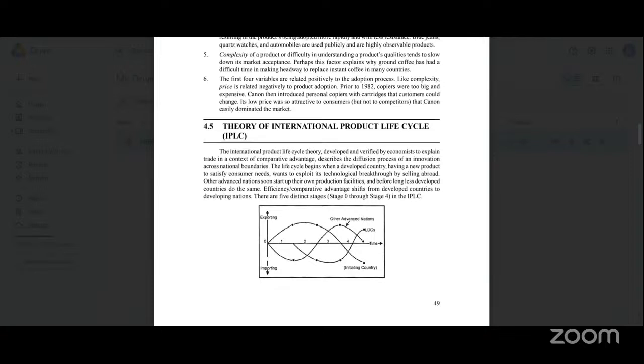The first four variables, as we have seen, are related to the positive adoption process, like complexity. Price is, however, related negatively to product adoption. So, if you were to look at 1982, copiers were too big and expensive. So, there was very, very little adoption unless it was being set up in some public marketplace with a commercialization thought process.